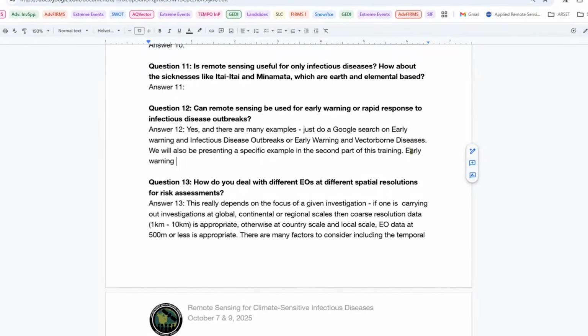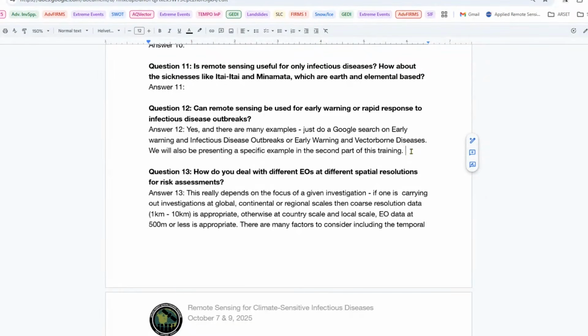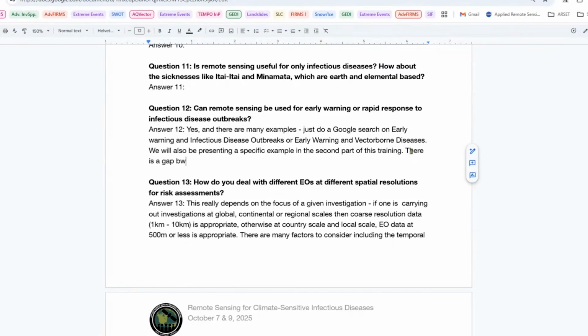The vector population increases, the breeding of female mosquitoes, the larval development, then the transmission of the parasites to humans. So all of that takes time.